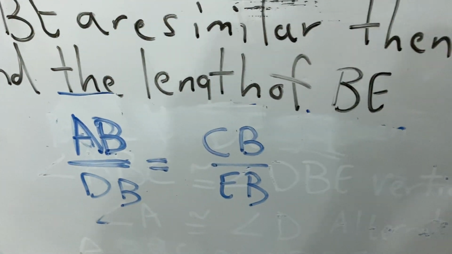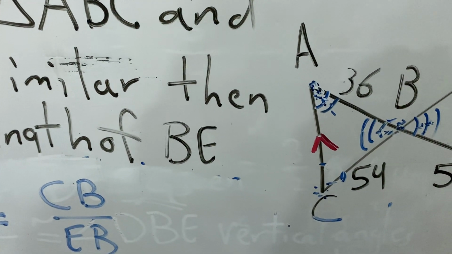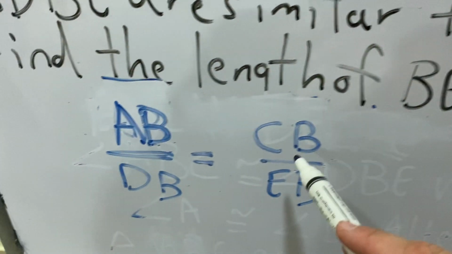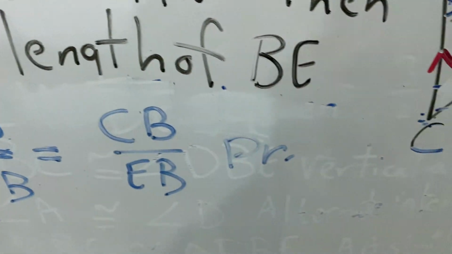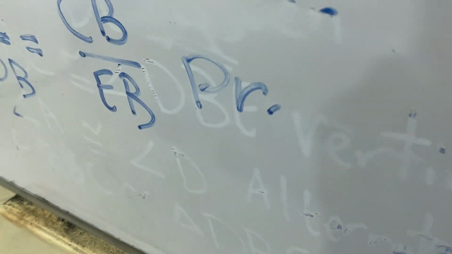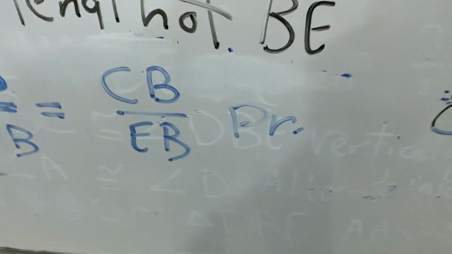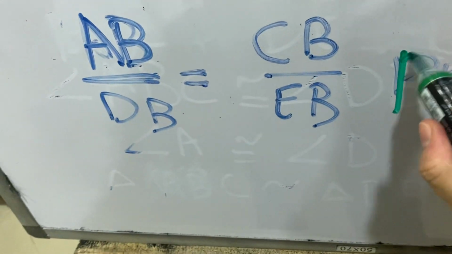And why did we use this one? As long as the triangles are similar to each other, then we can say that the sides are proportional. I will continue again with another marker. These sides, we can say that they are proportional.